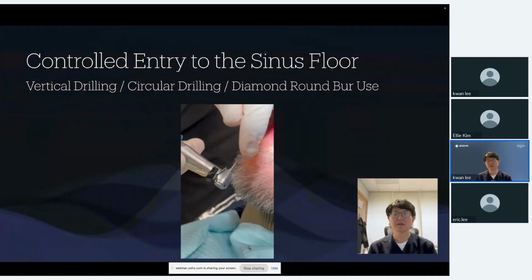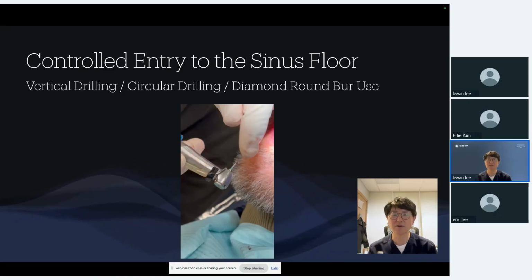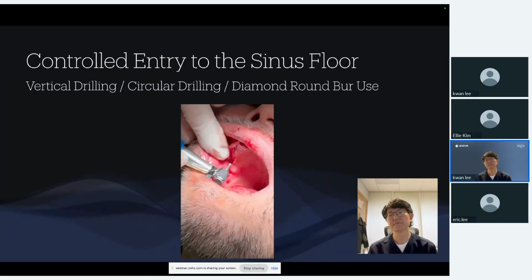One of the key things is that once the closed chamber is established, everything is very easy and straightforward. But many times people fail at this part, entering the sinus floor.